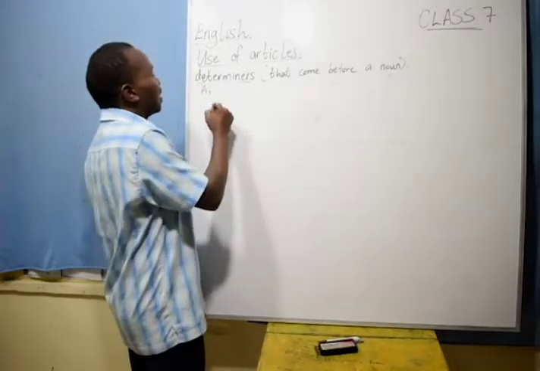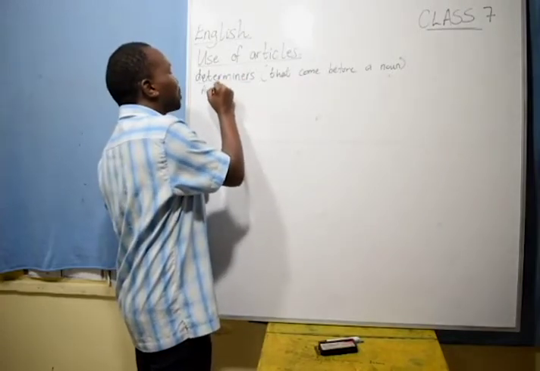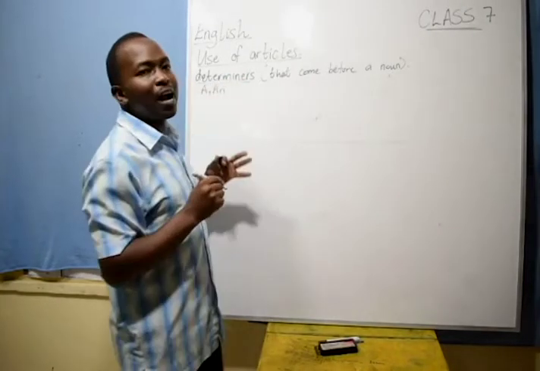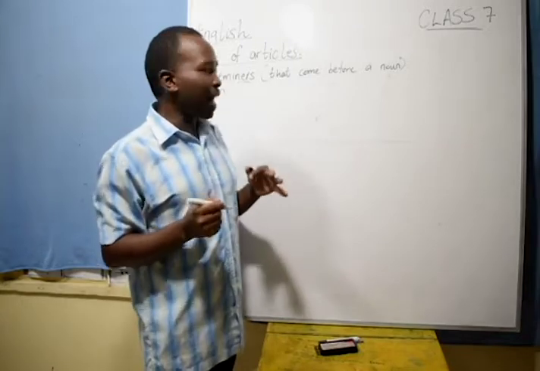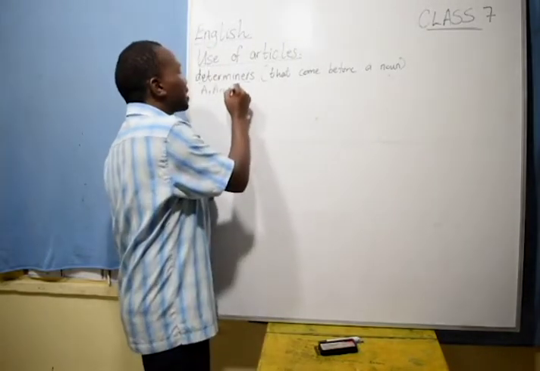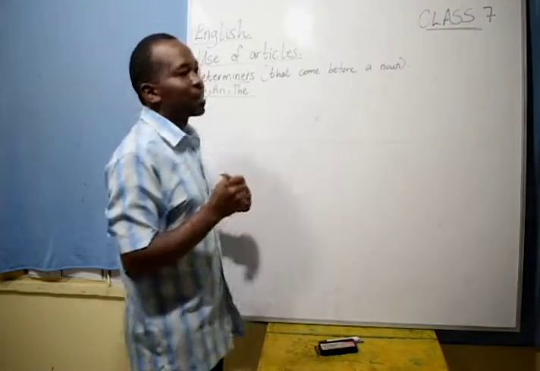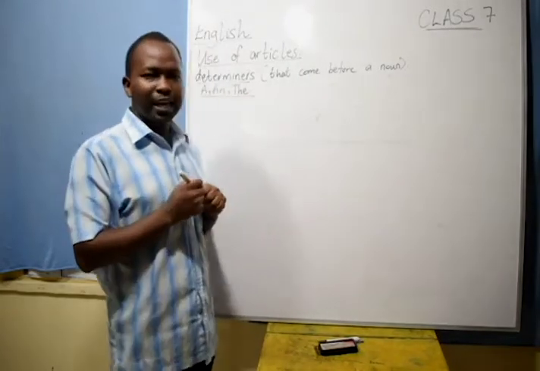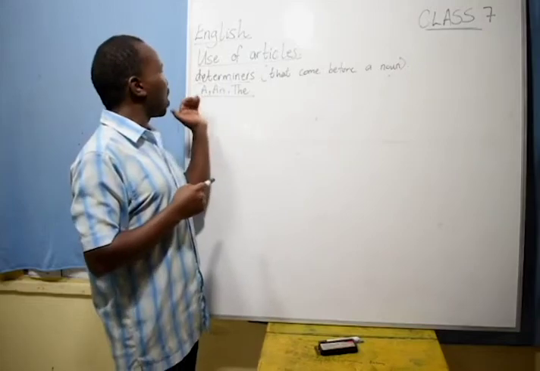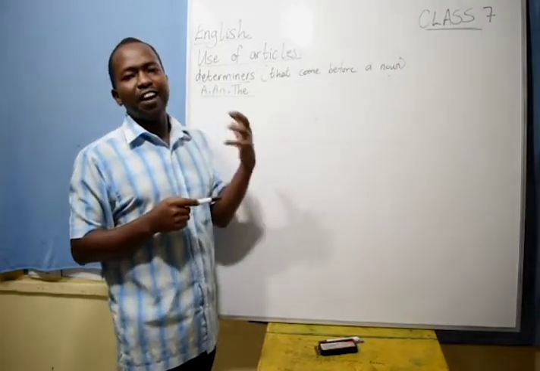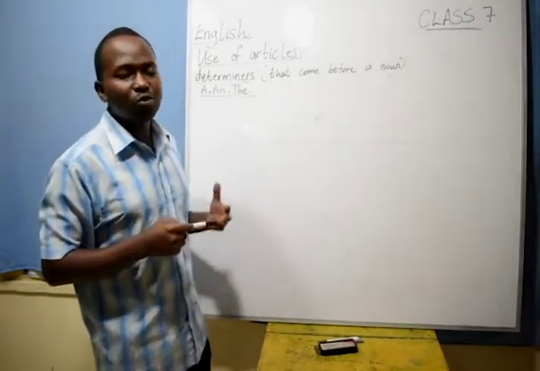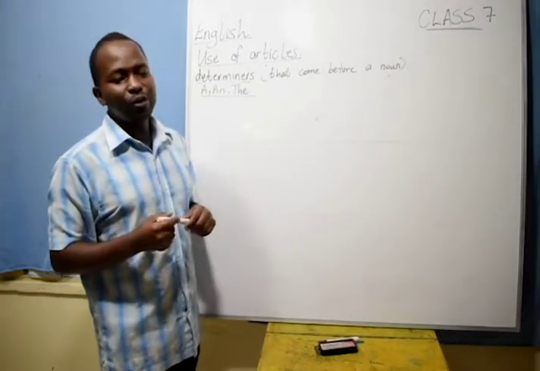We have an. And then finally, we have the article the. So these are the three articles found in the English language: a, an, and the. They are very important for us to understand how we use them.